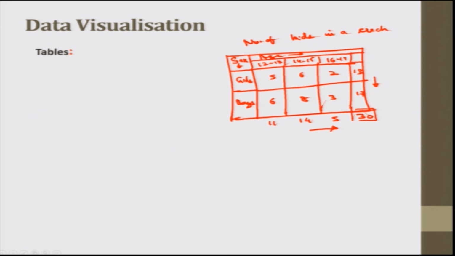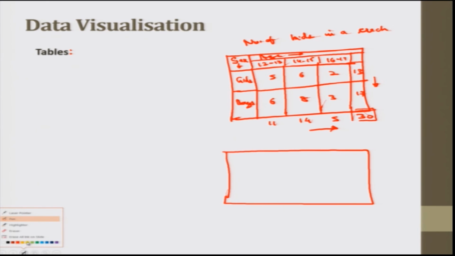This data can also be represented in the form of percentages. In place of 5, I can put the percentages in the same table.